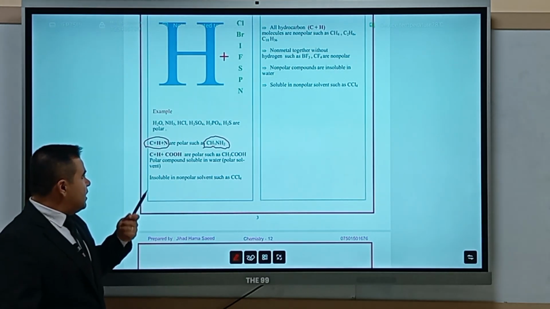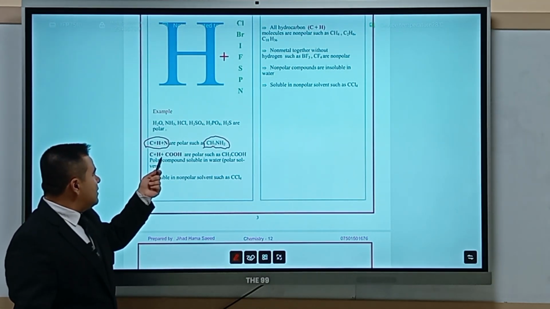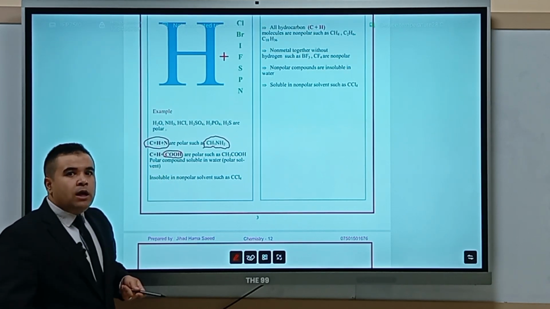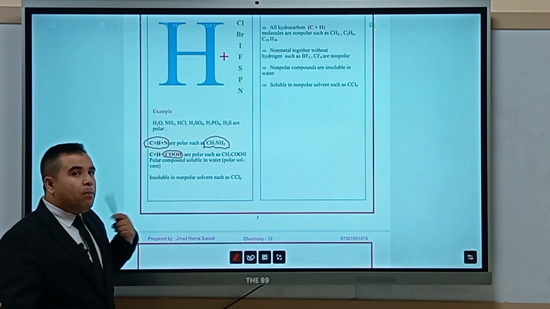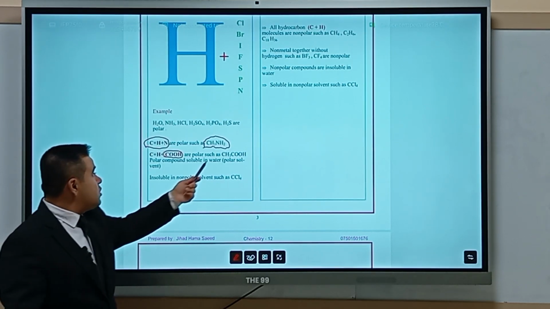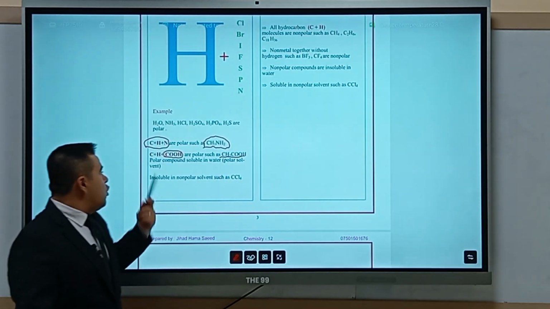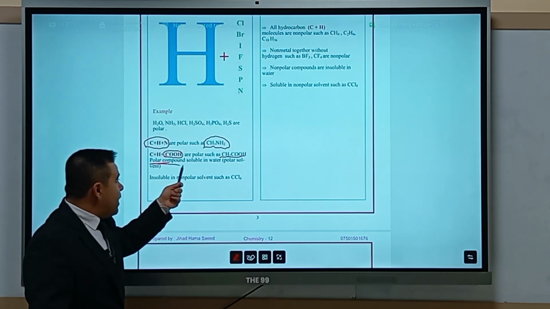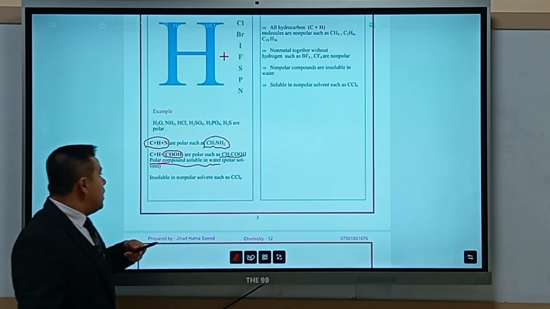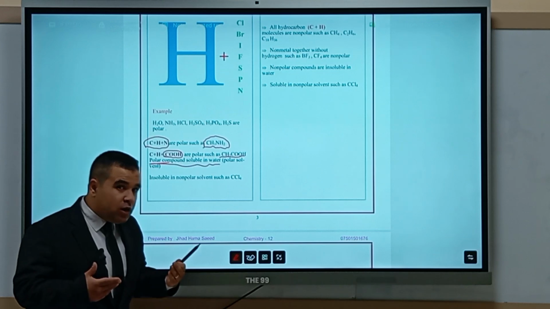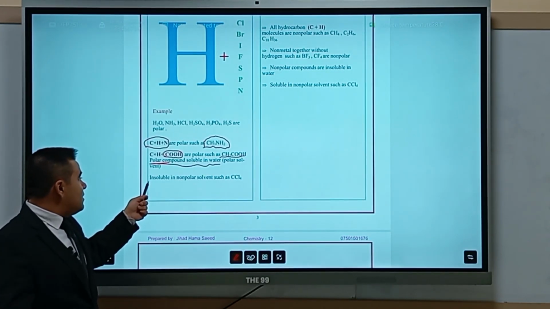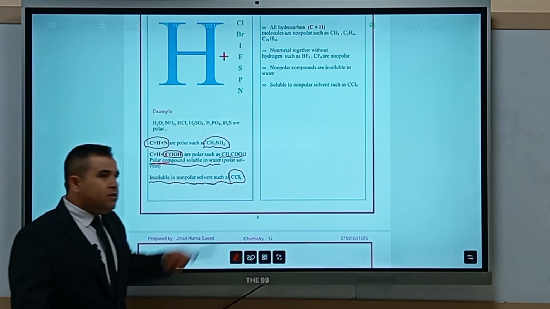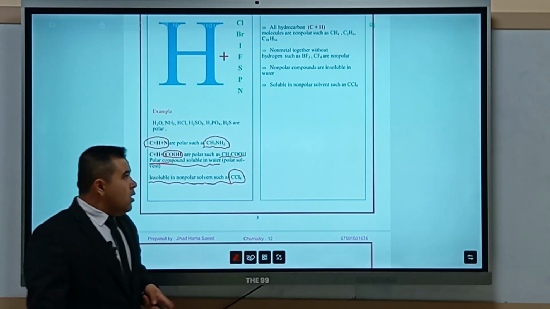And the other tip: any compound that contains COOH, which is the carboxyl group, becomes a polar molecular compound, such as CH3COOH, which is polar. And guys, you have to know polar compounds are soluble in water, because water is a polar solvent, but insoluble in non-polar solvents such as carbon tetrachloride.